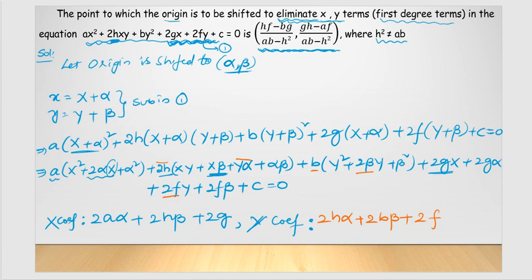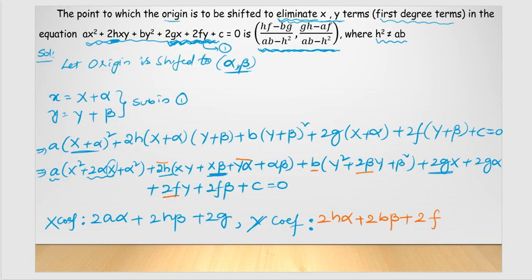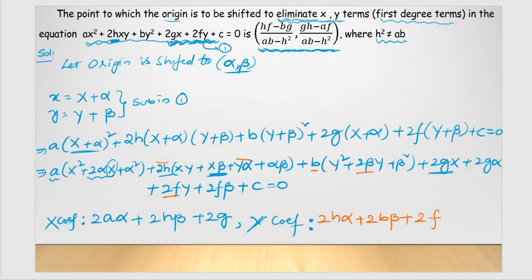That means I need to make 2aα + 2hβ + 2g equal to 0, and at the same time 2hα + 2bβ + 2f equal to 0, right? So these are the things we got now.